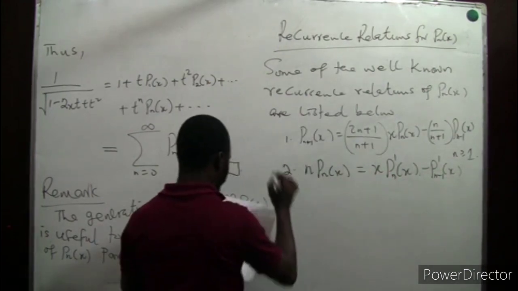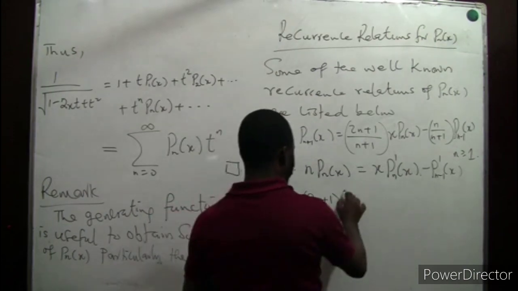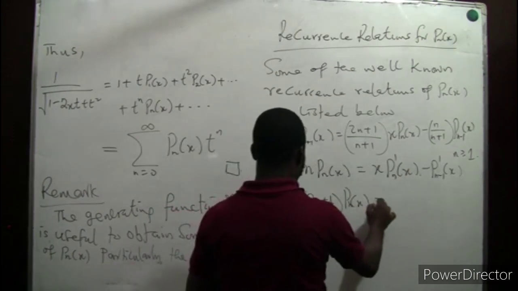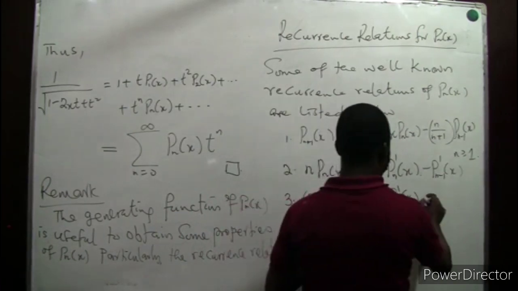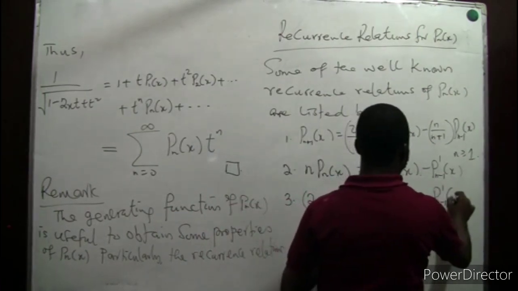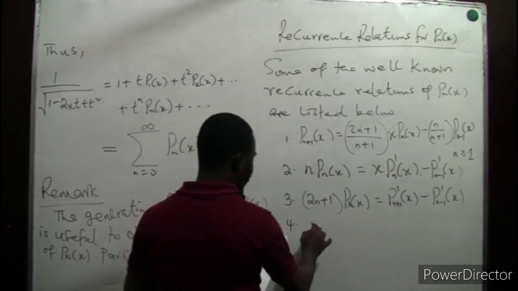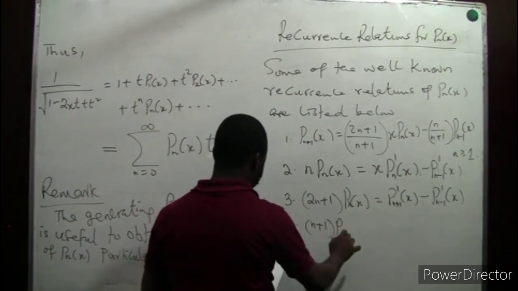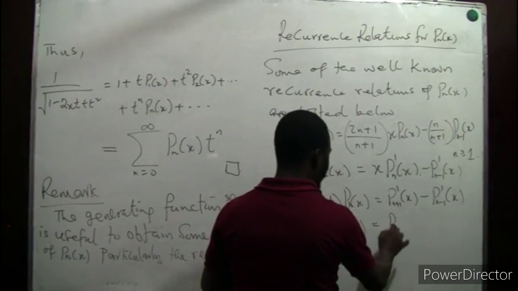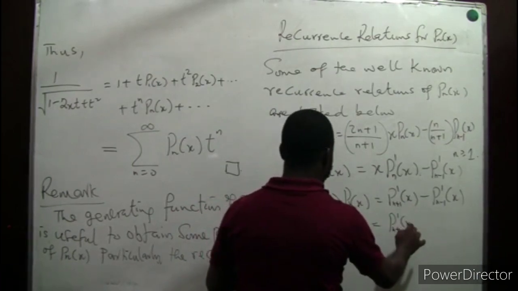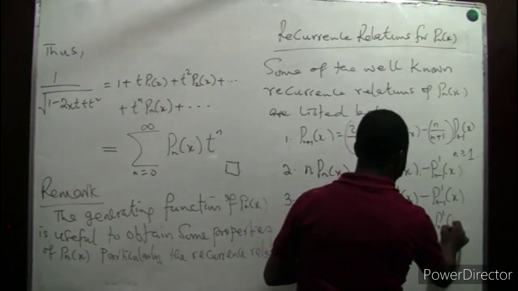Number 3: (2n plus 1) Pn of x equals Pn plus 1 prime of x minus Pn minus 1 prime of x. Number 4: I have (n plus 1) Pn of x equals Pn plus 1 prime of x minus x Pn prime of x.